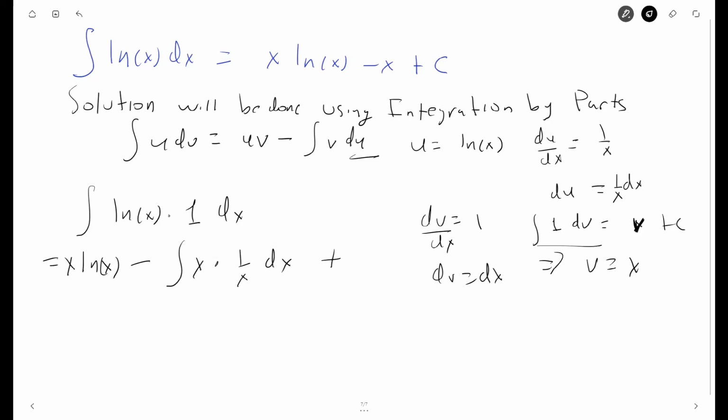Not plus c yet, but we're going to solve the integral.